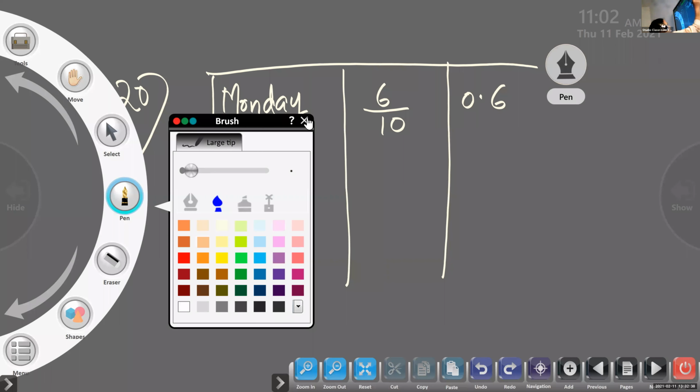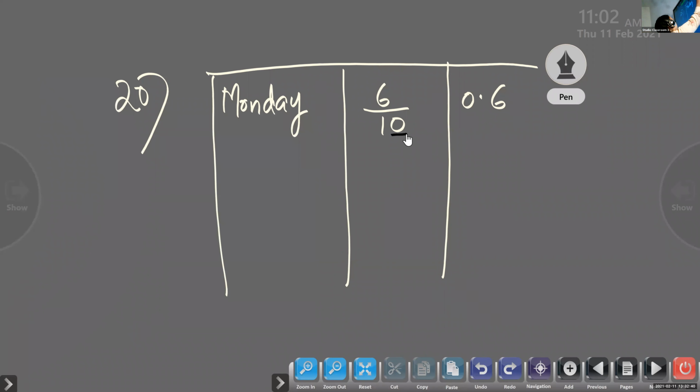How many zeros here? 1. So we will write the numerator, then move from the right side to the left by 1 digit, then place the decimal point. 0.6. Okay.